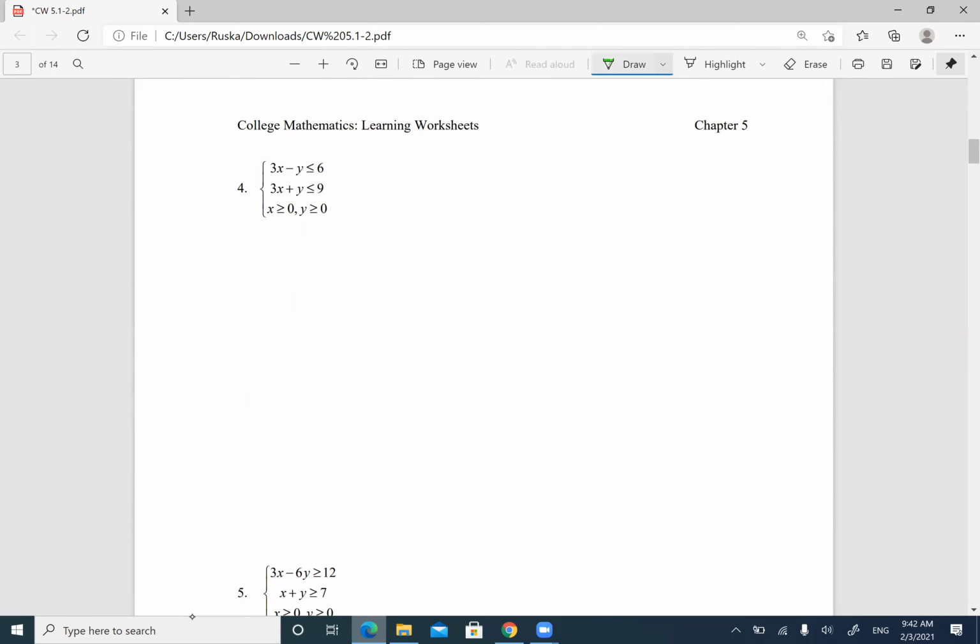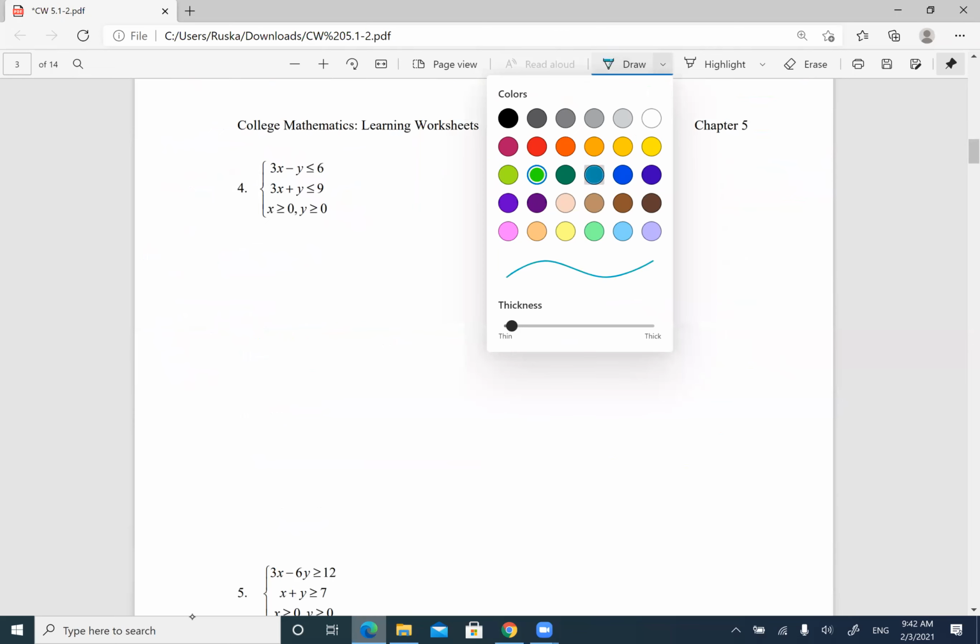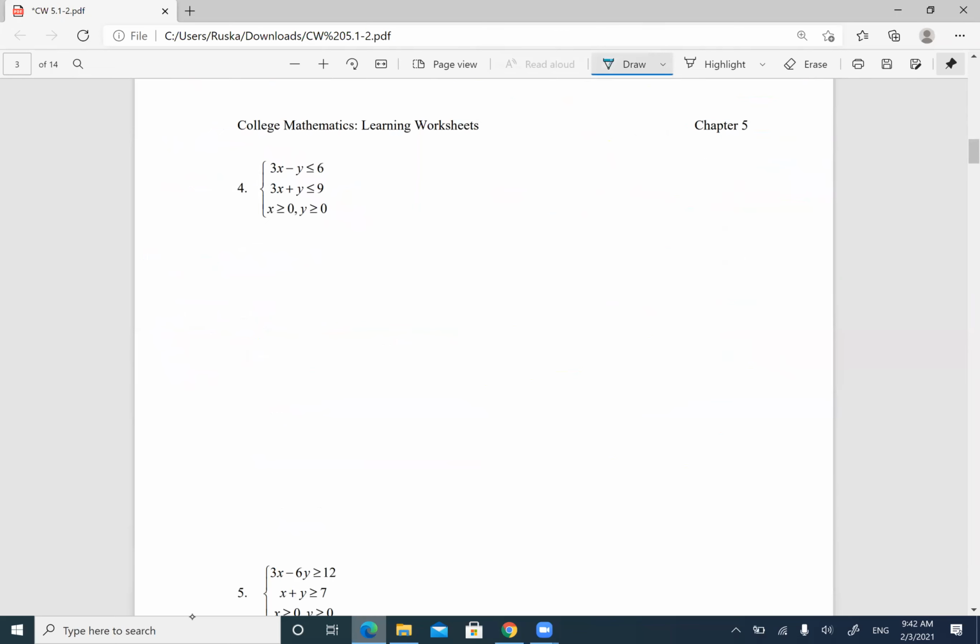So I'm going to start with graphing the first one, and I'm going to need 2 points. And I'm going to pick 0 for x and 0 for y again. So when I replace x with 0, I'm going to get negative y equals 6. And I need to divide by negative 1 to get positive y, right?